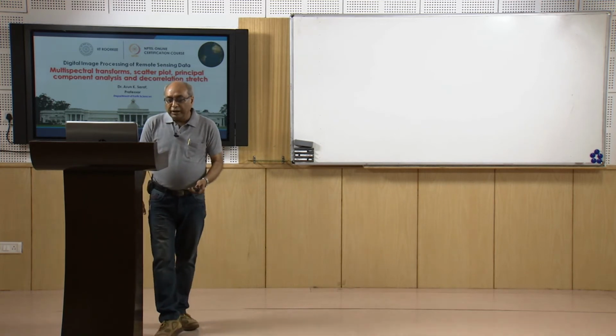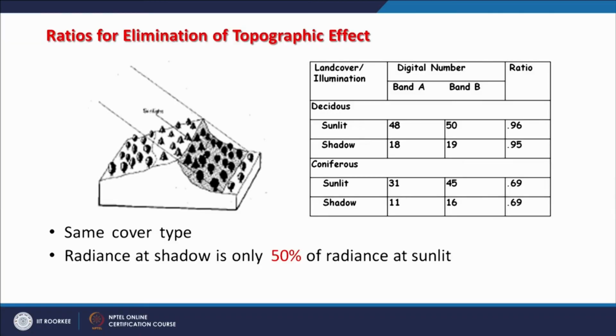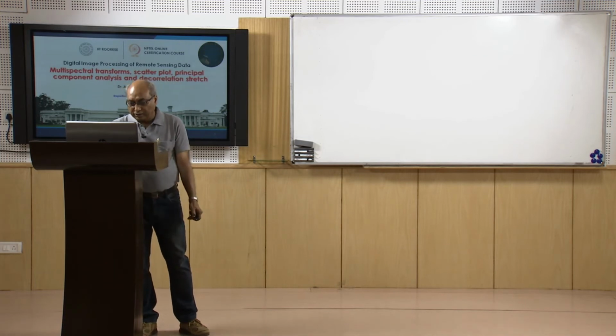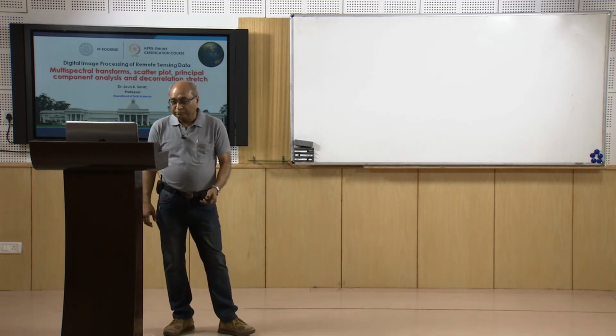Even if we have the same cover type, no problem, and if we have different cover types, depending on which land cover is present, this will reduce the effects of topography. Radiance in shadow is only about 50% of the radiance in sunlight, as we are seeing in many cases here, and the ratio is nearly identical, so the end result becomes identical, and hence topographic effects are removed.